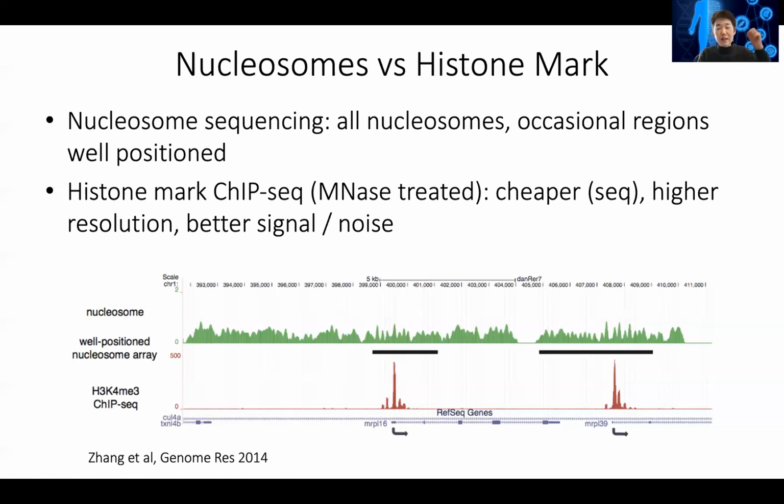When a transcription factor is available in the nucleus, it will look for locations where these marks are, and it can find the locations much, much faster. And so these are much higher resolution. It has better signal to noise. The difficulty is there are many different marks, and so every histone mark ChIP-seq is a separate experiment.